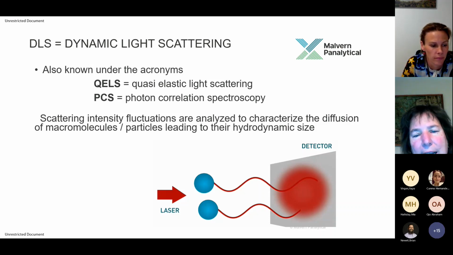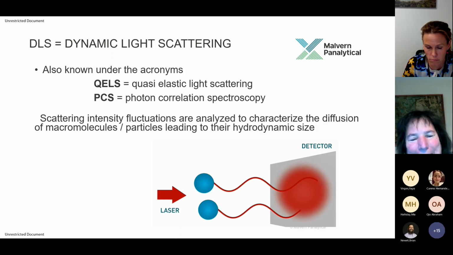And then there was a time period where the correlator was the most important feature in the instrument. So the name photon correlation spectroscopy really indicates how much concern people had about the correlator, whose correlator was best.